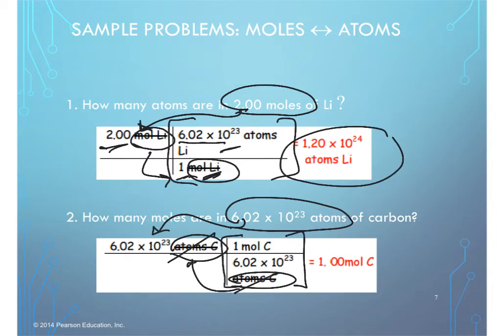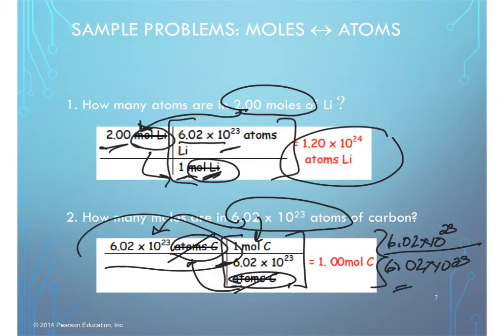So now we need to have atoms in the bottom, and we're trying to get to moles. The units you're trying to get to go in the numerator. So be a little bit careful doing the math: 1 mole on top, divided by 6.02 times 10 to the 23rd atoms in the denominator. So this many atoms is 1 mole.